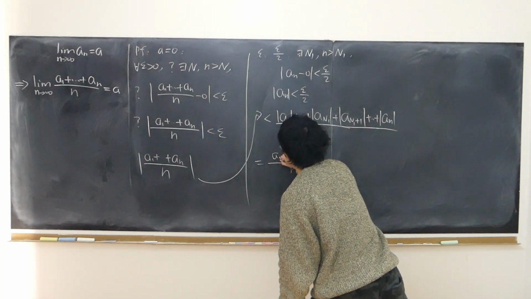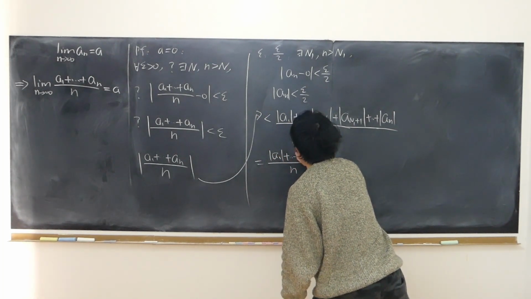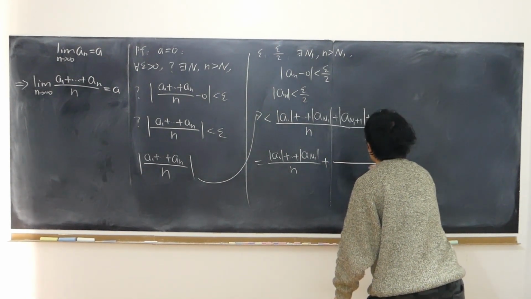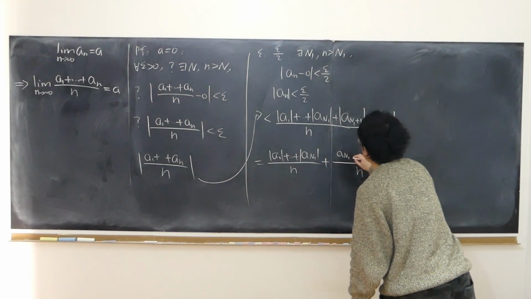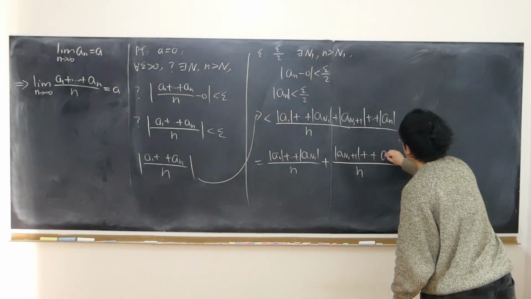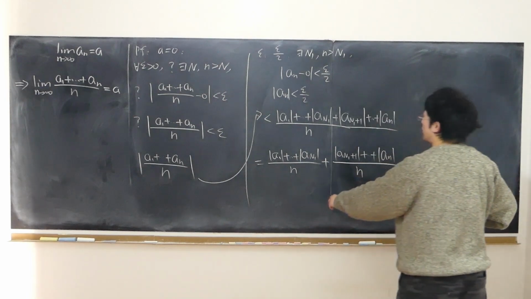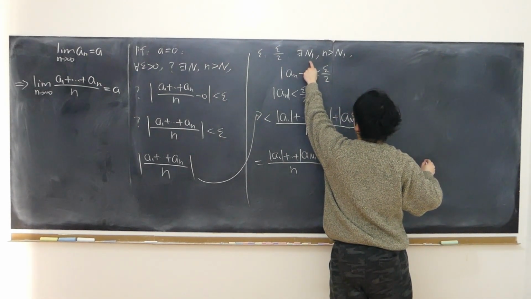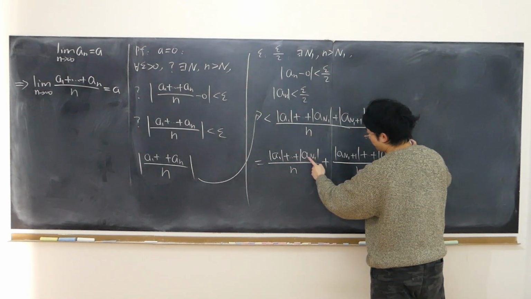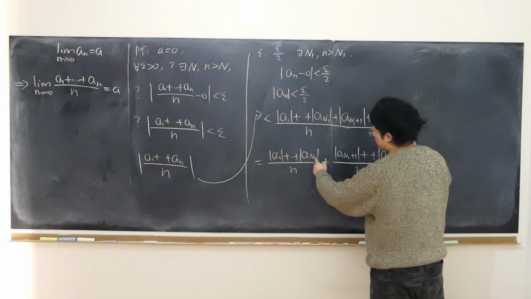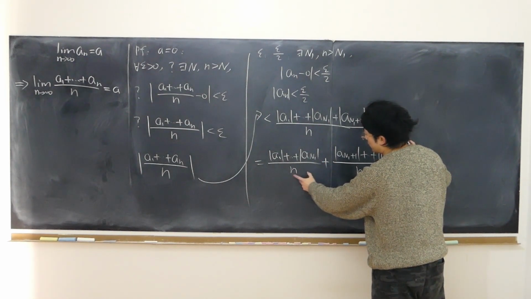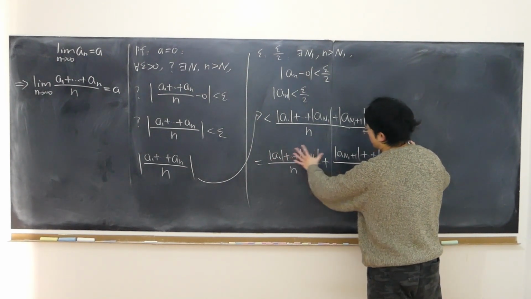Keep in mind, capital N1 is fixed, so the sum at the top is also fixed. Maybe that's denoted as capital M. Capital M fixed over little n, as n approaches infinity, this whole thing approaches 0.